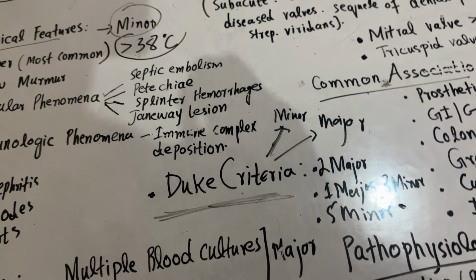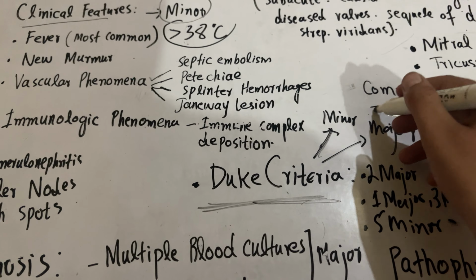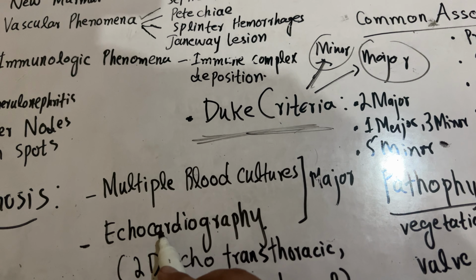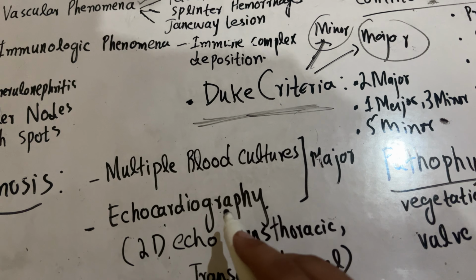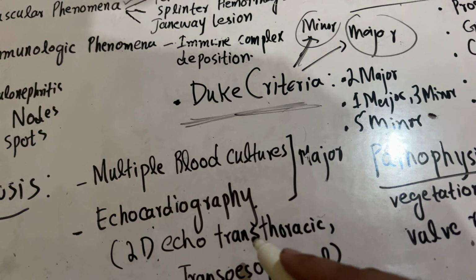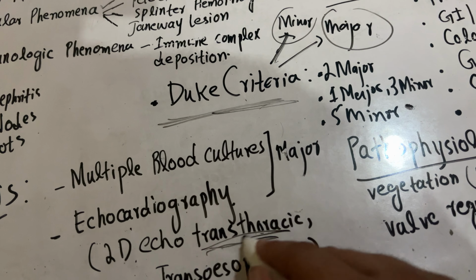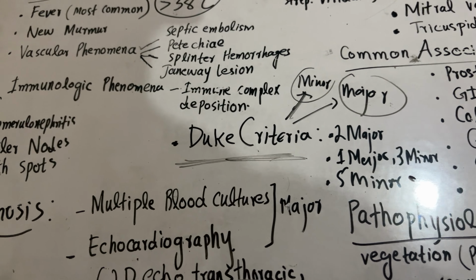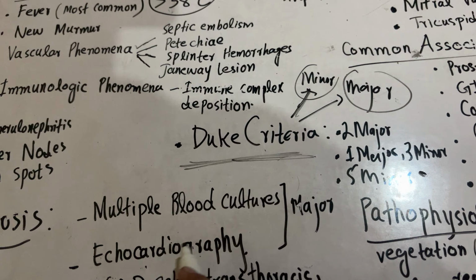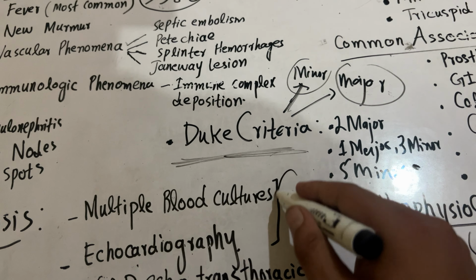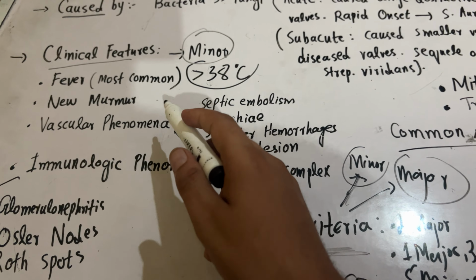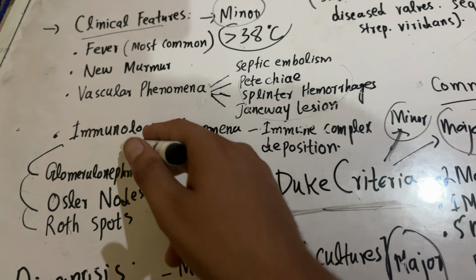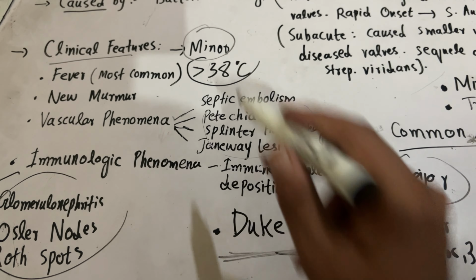The major criteria include multiple blood cultures and 2D echocardiography, which can be transthoracic or transesophageal. So multiple blood cultures and echocardiography form the major criteria, while clinical features like fever, new murmur, vascular phenomena, and immunological phenomena make up the minor criteria.